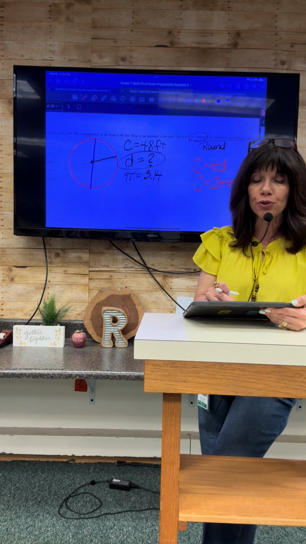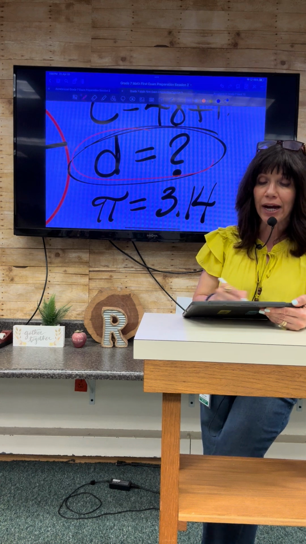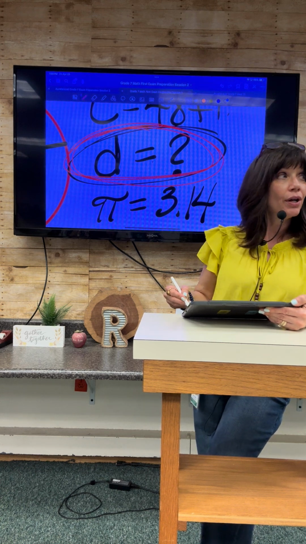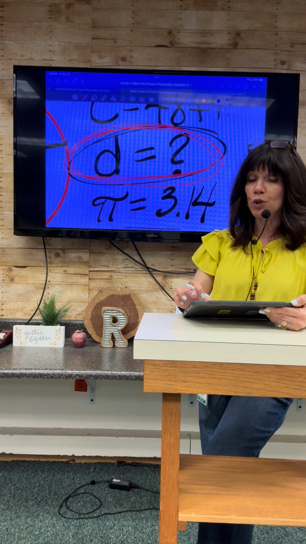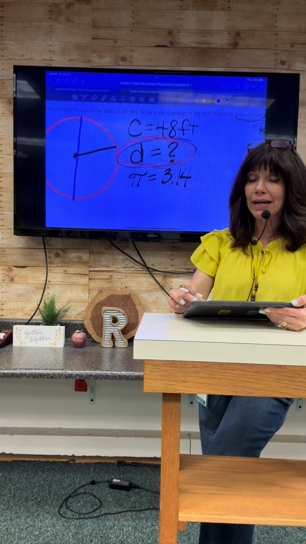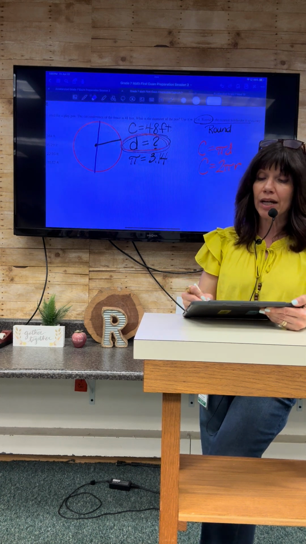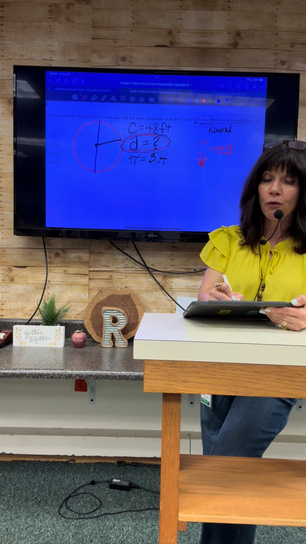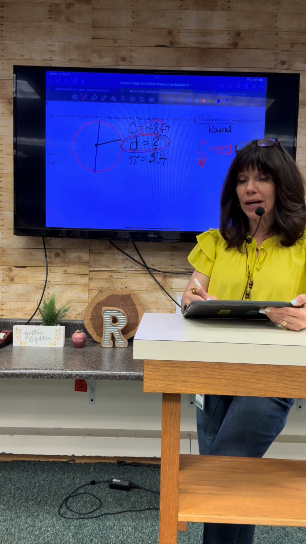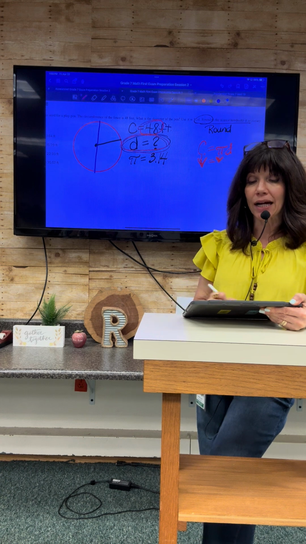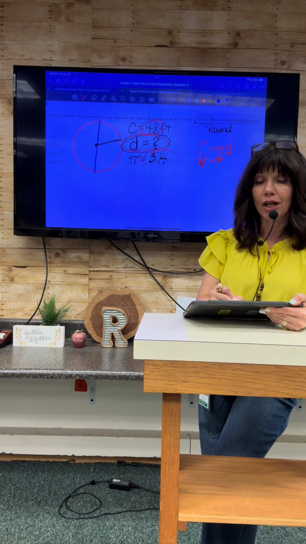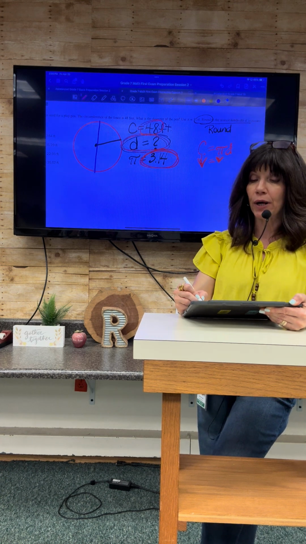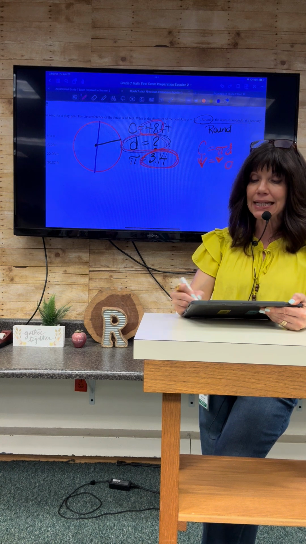Which one should you use since you are trying to find the diameter? C equals pi d. And what number would you end up writing underneath C? 48. Great job. What number would you end up writing underneath the pi symbol? Great job. 3.14. And then d.